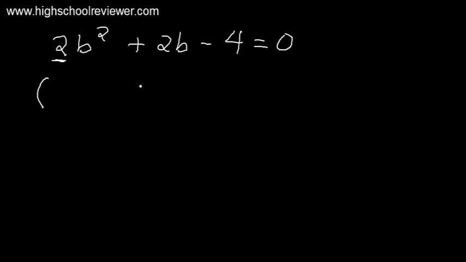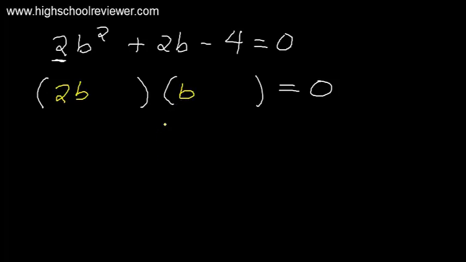Okay, so we will have here 2 sets of factors, and this will be equal to 0. So we are going to factor out positive 2b squared. The factors of 2b squared, we have positive 2b multiplied by b.